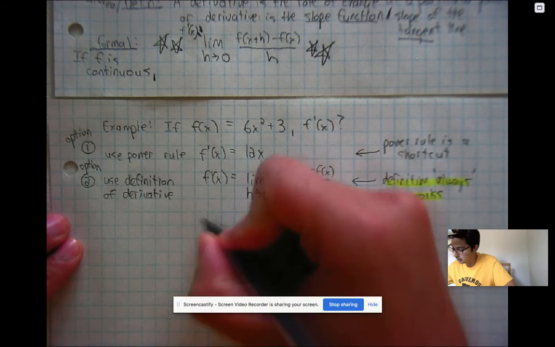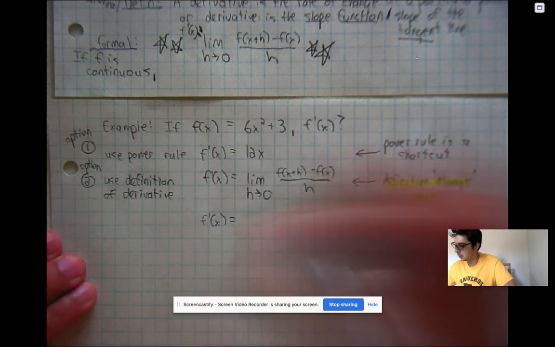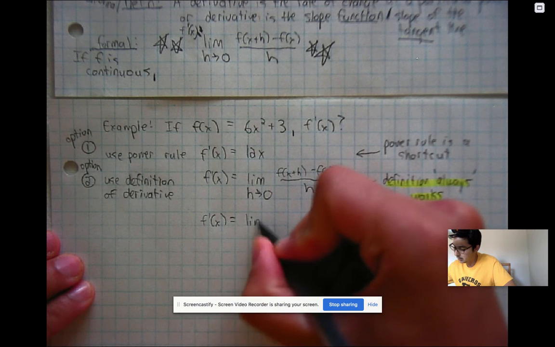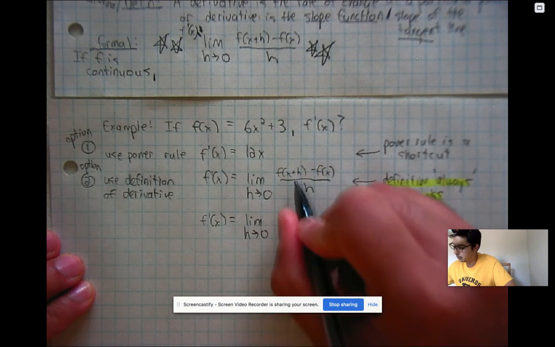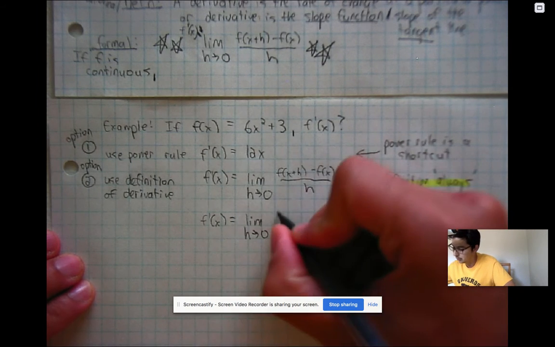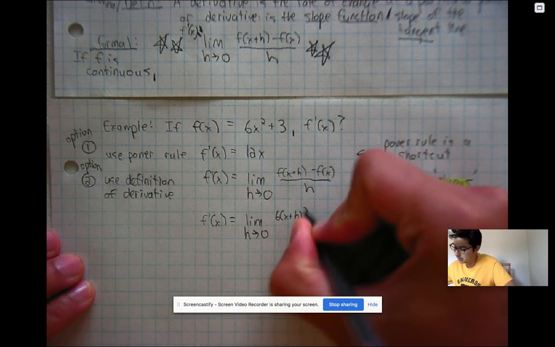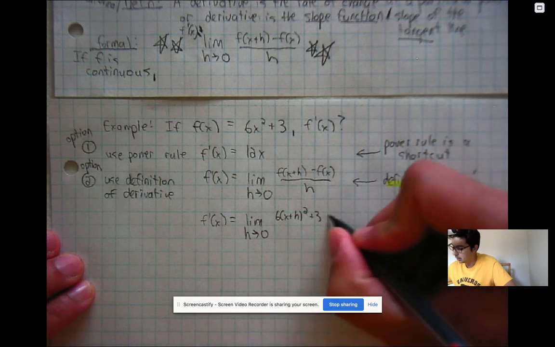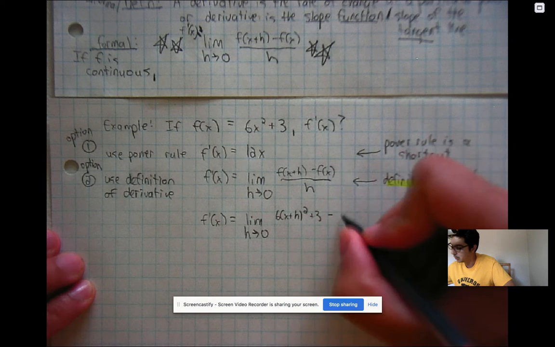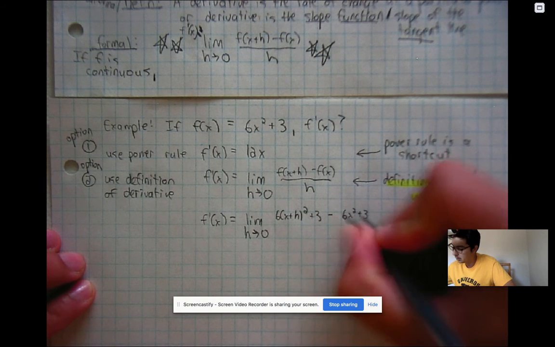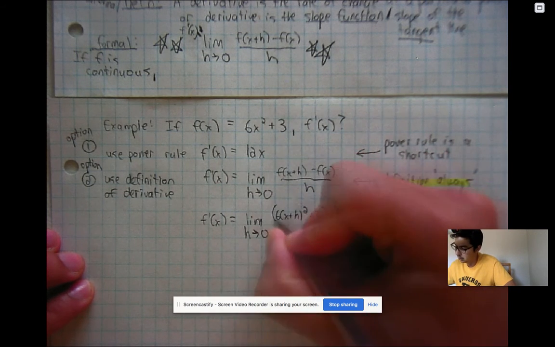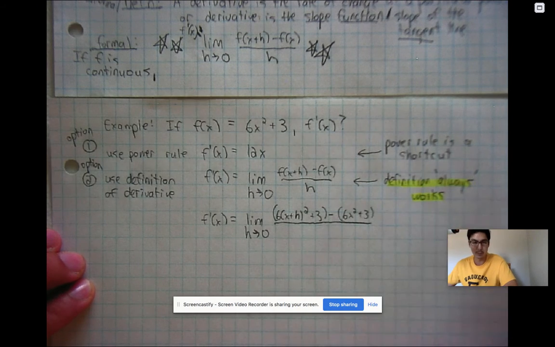So then what we have here is f prime of x is equal to the limit as h approaches 0 of, we plug x plus h into that function, it'll be 6 times x plus h squared plus 3 minus f of x, which will be 6x squared plus 3. And I would do parentheses around those two to make sure you don't make any algebra mistakes, over h.